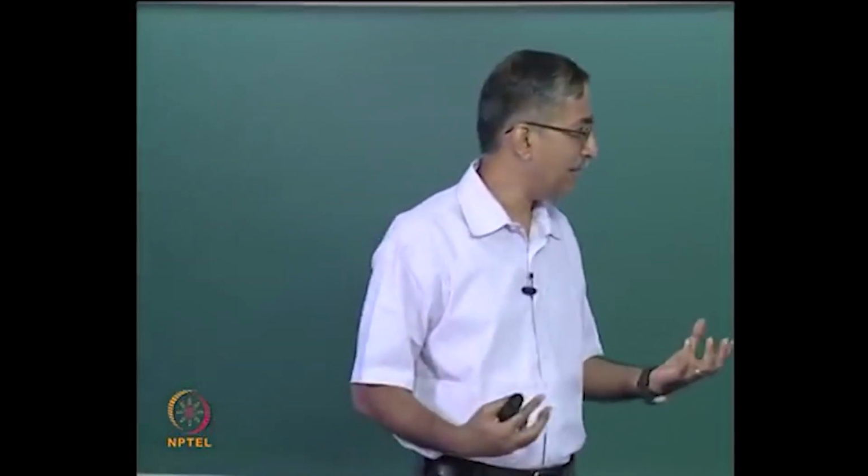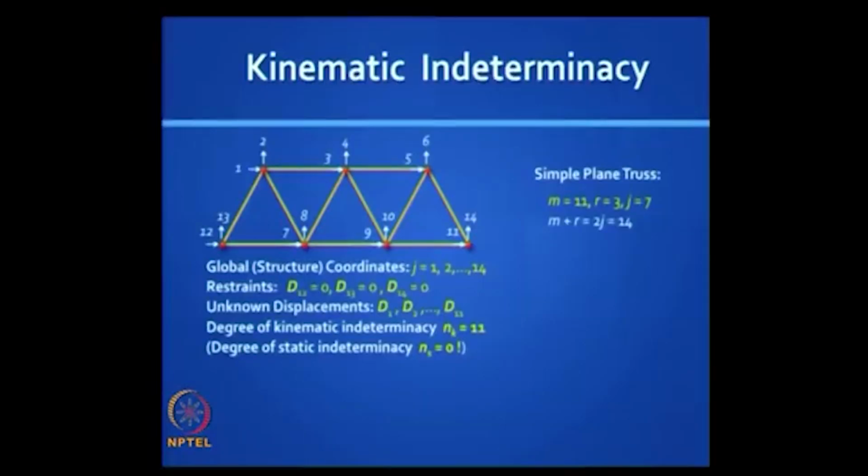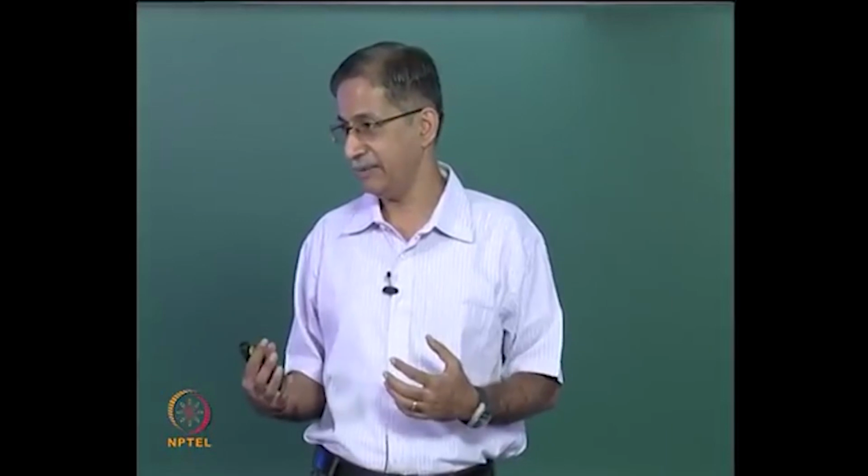So in this example, if it is simply supported, one would say that D12, D13 and D14 are known to be 0. So your kinematic indeterminacy reduces from 14 to 11, 14 minus 3, because you know the displacements there are 0.